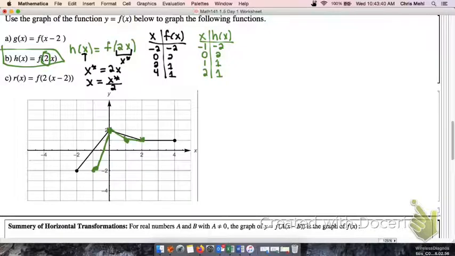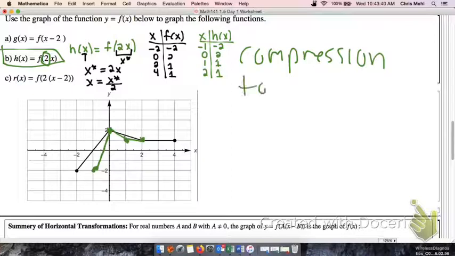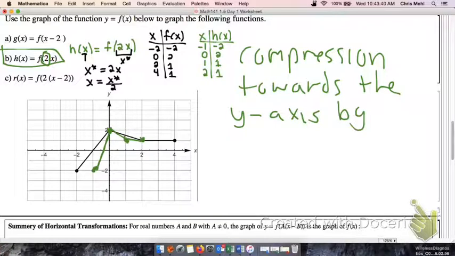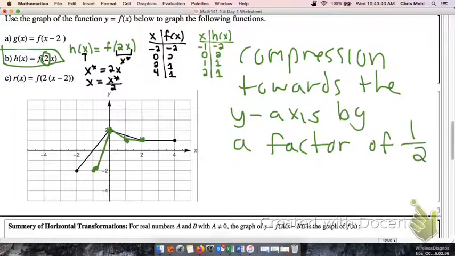So the graph of h is a compression towards the y-axis, but this time it's by a factor of the reciprocal, which is 1/2. So it's a compression by 1/2, and you'll notice all the y coordinates are the same, but we multiplied all the x coordinates by 1/2.